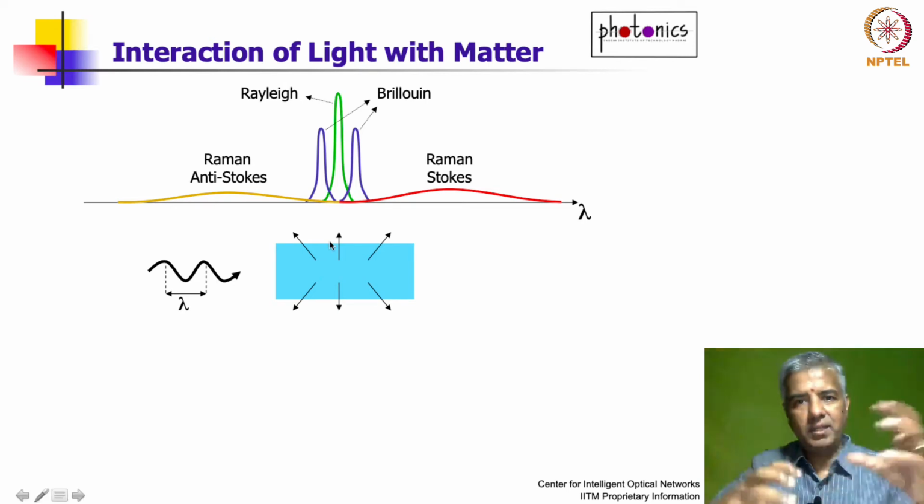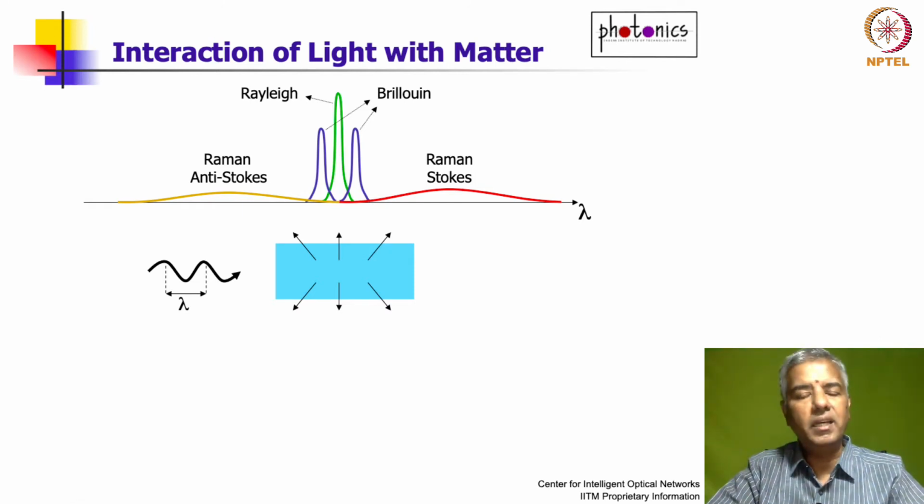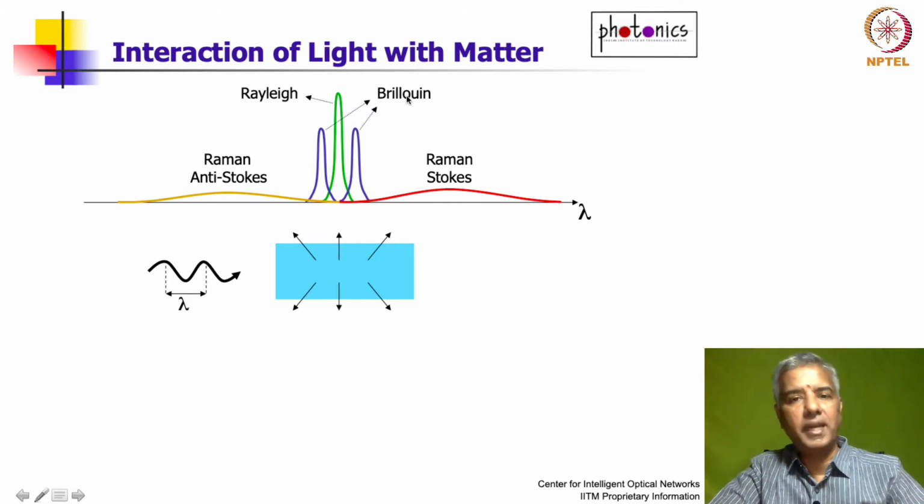The whole glass network is sort of agitating at room temperature, and so that causes some vibrational modes, and those could possibly interact with the light, and you can get scattering happening, which is called Brillouin scattering.